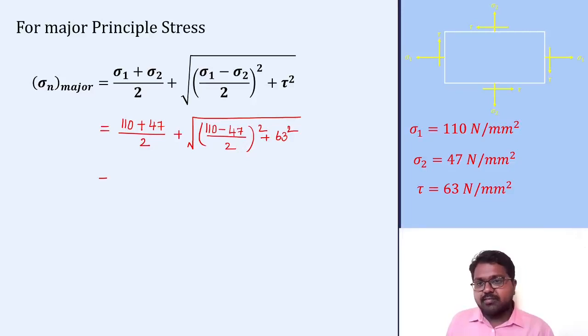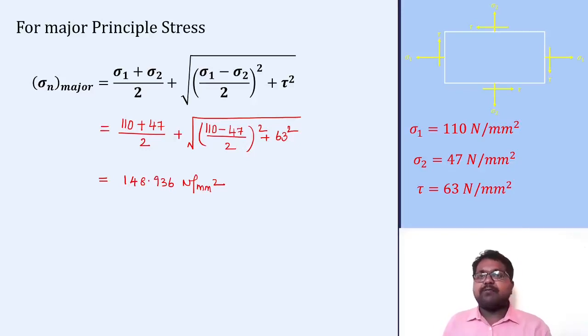By solving this, we get the major principal stress as 148.936 Newton per mm square. This is the magnitude of the major principal stress.